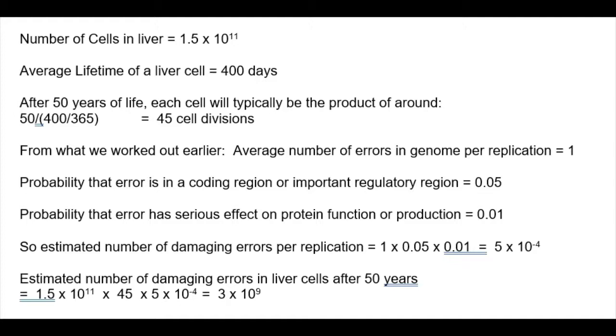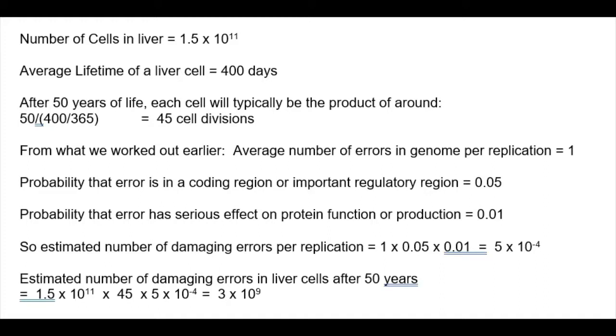So if you put those numbers together and we multiply the one replication error that happens each time by those probabilities, we get an estimate for the number of damaging errors each time a replication happens of around 5 times 10 to the minus 4 for each genome.